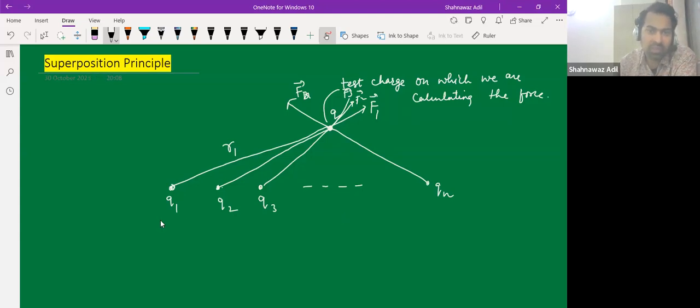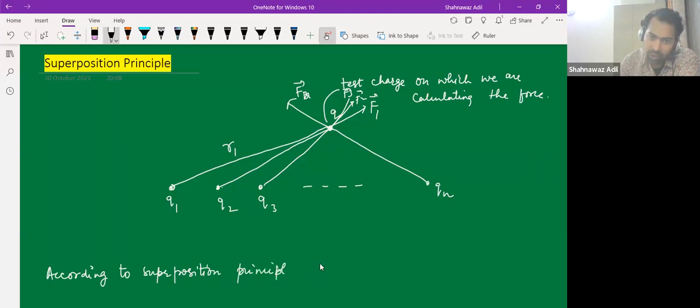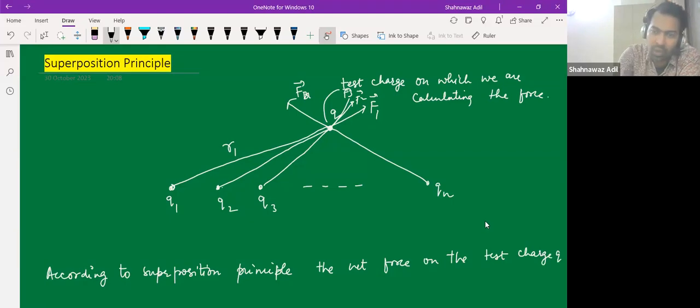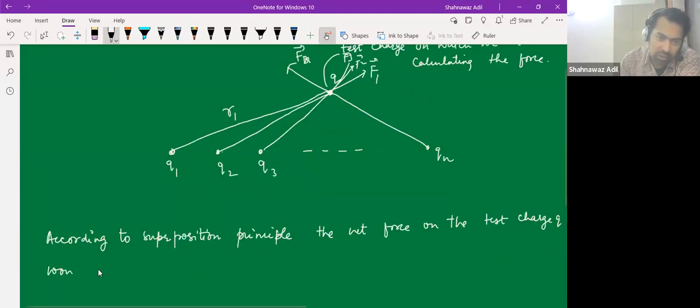So the superposition principle says that, according to the superposition principle, the net force on the test charge q would be the vector sum, right?